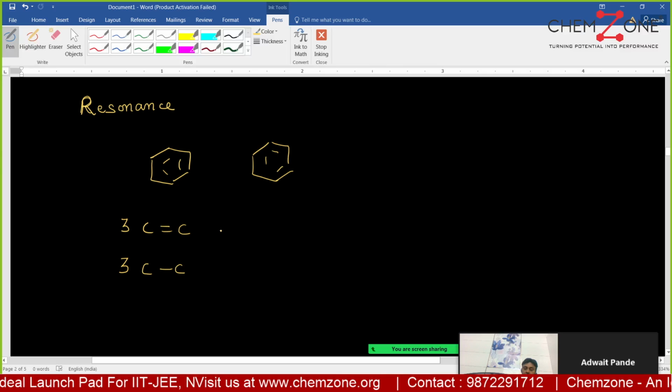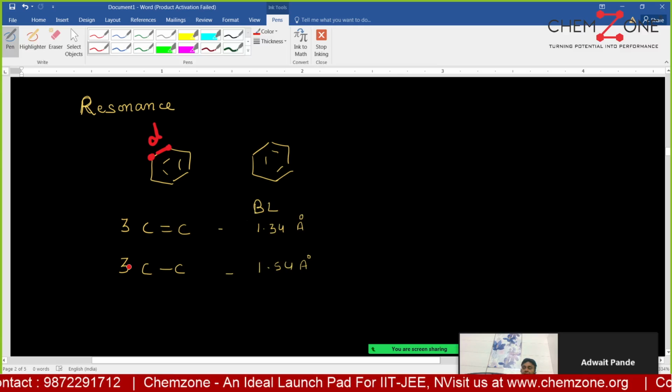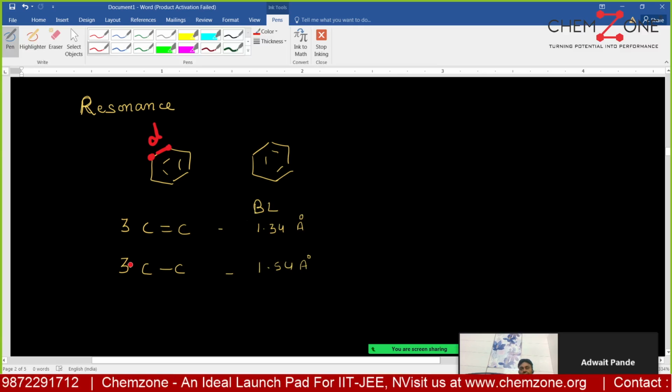Bond length means the distance, right? So the bond length should be different. A double bond should have a shorter bond length as compared to the single bond, right?